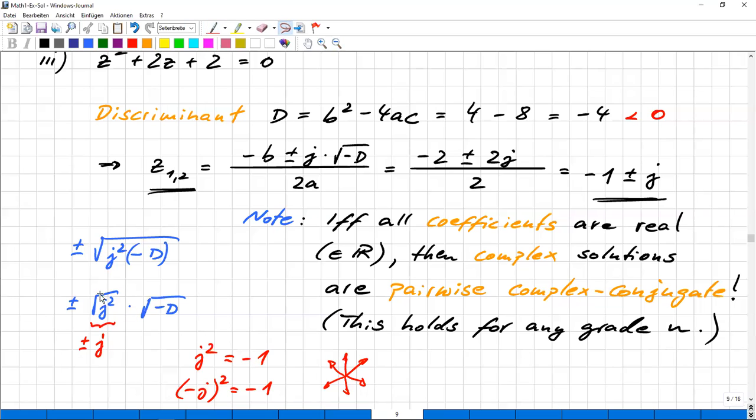I like to say that the positive square root of j squared equals j and not minus j. In the end, it doesn't matter. That's the good news. Even if I would allow for two different cases here, I already have two different cases here. If I put another case distinction, I could say, okay, now at this place it's plus or minus j.